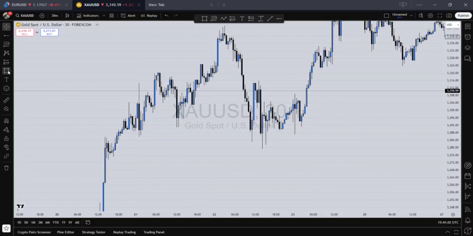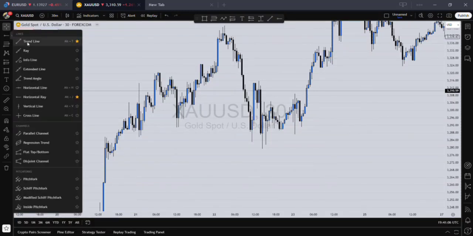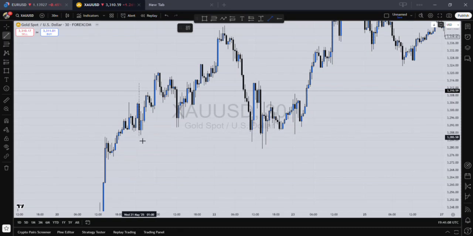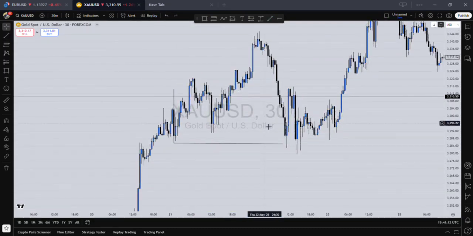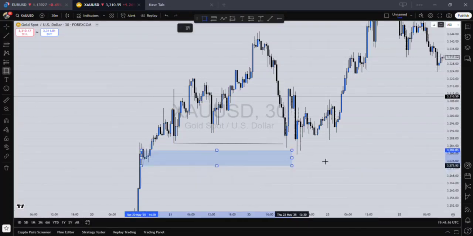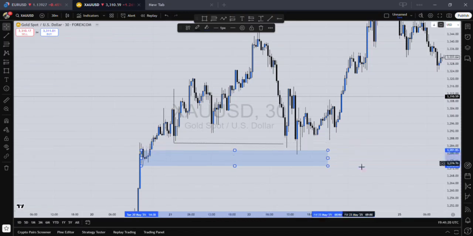Okay. So this model is similar to what I'm teaching you guys right now. The price created the inducement and then used the order block to buy. Okay.